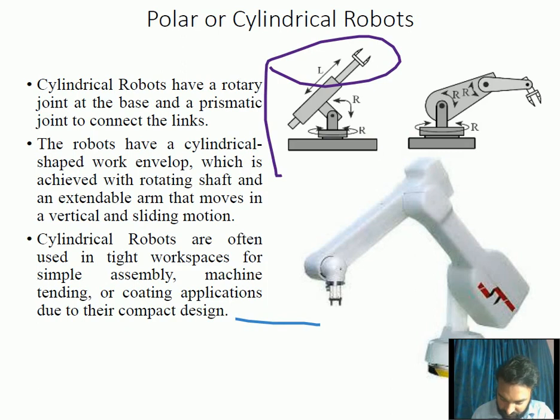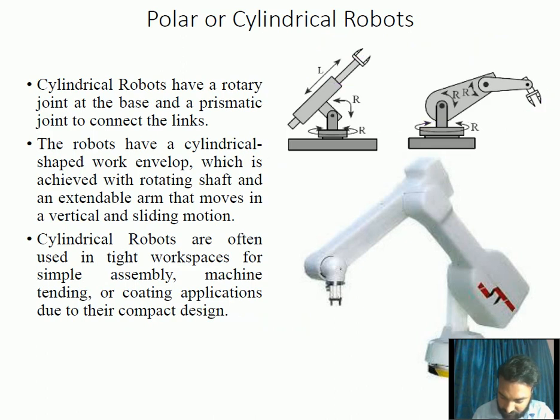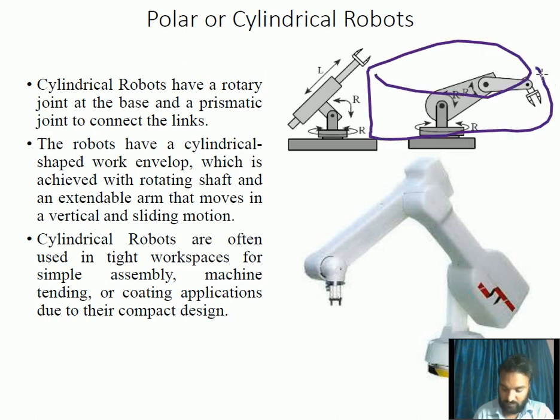If this one is minimum and this is maximum, it can be this way. So the work volume would be like this. That's why it is called cylindrical or polar coordinate robots.